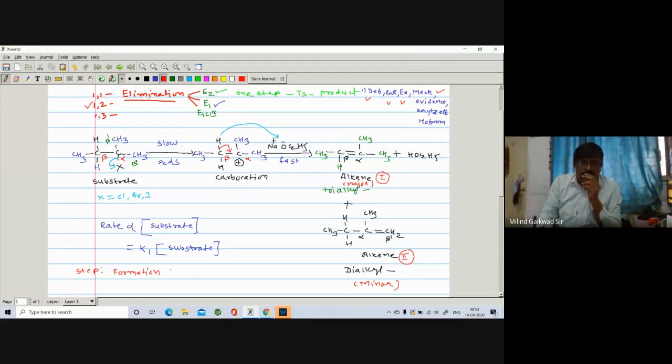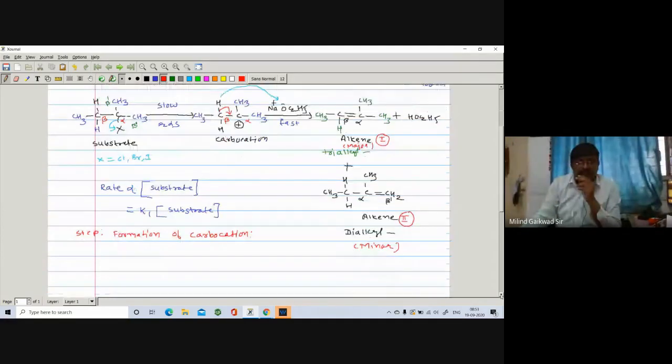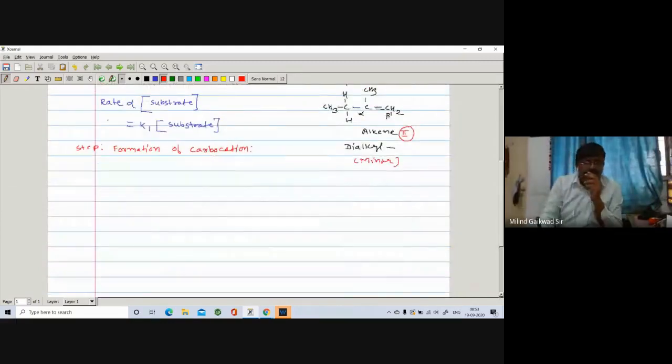You can write it separately: step number one, formation of a carbocation.